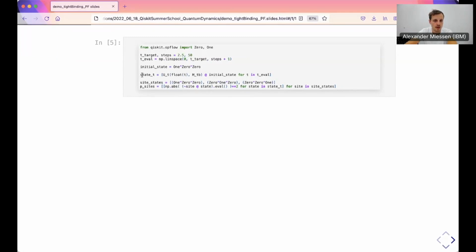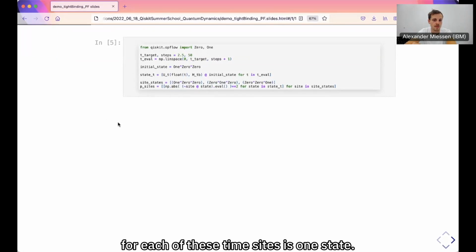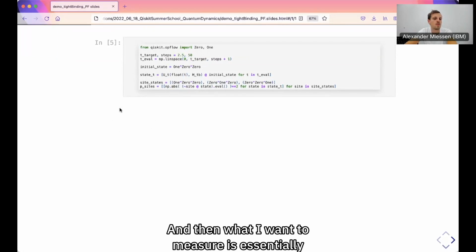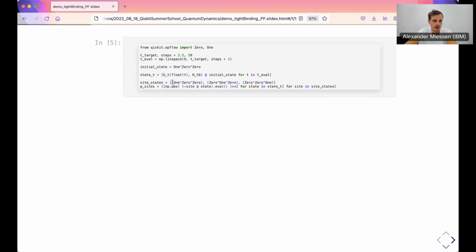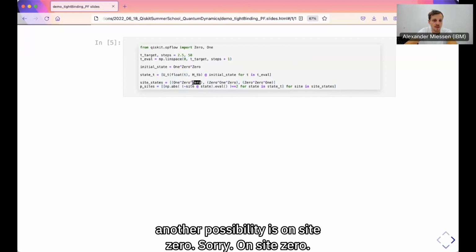All right, so I do this evolution here, and I get an array of different states, one state for each of these time slices. And then what I want to measure is essentially the occupation of each site in this lattice, okay? One possibility is that the electron is on site 0.